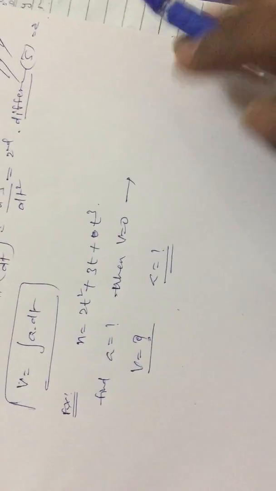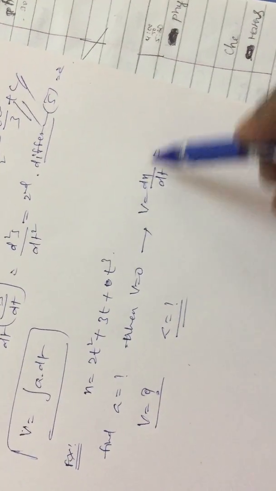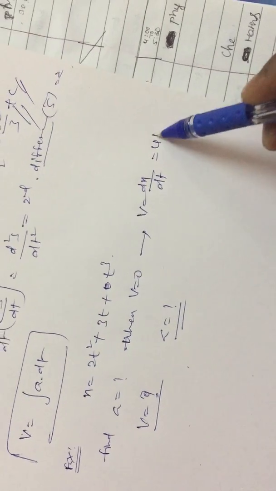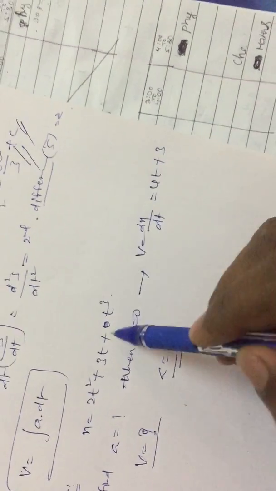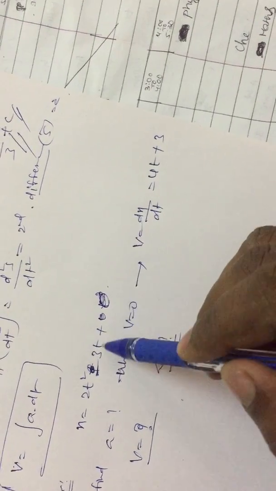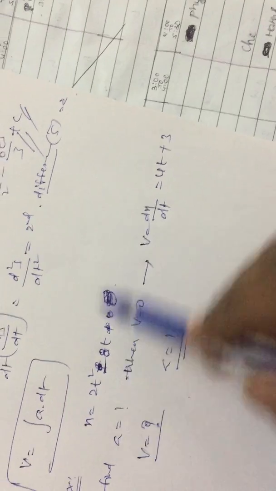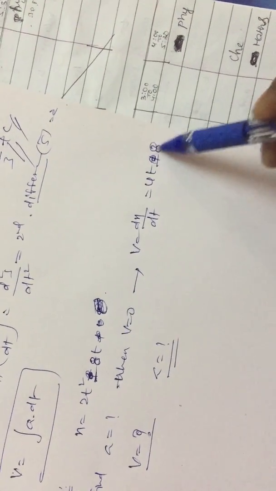This type of question. First you have to find velocity, dx by dt. For this, the answer is 4t plus 3, or else if you are taking minus 8t for simplification, 4t minus 8 you will get.